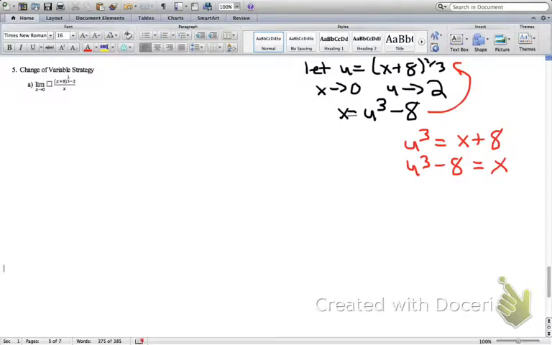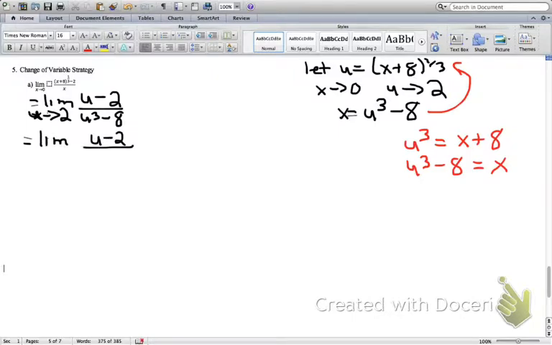So now that we have what each of the values are equal to, we can look at our limit of u minus 2 over u cubed minus 8 as u, not x, as u approaches 2. We're used to saying x. So this is equal to the limit of u minus 2 over, again, we're now going to factor our denominator this time, our u cubed minus 8.